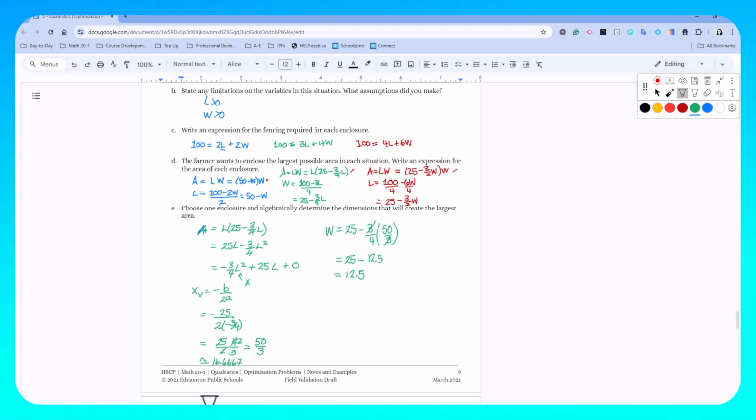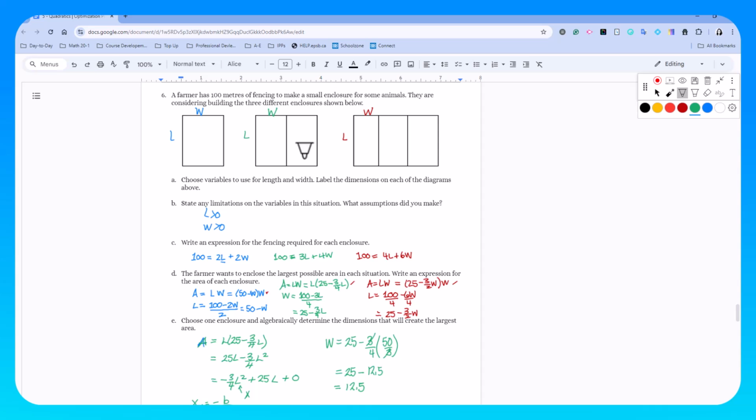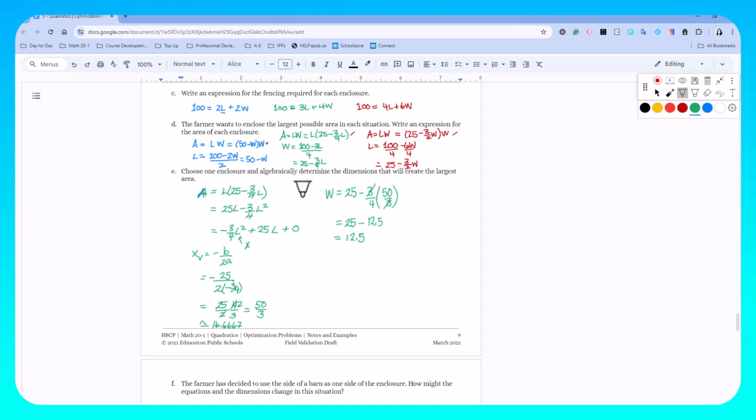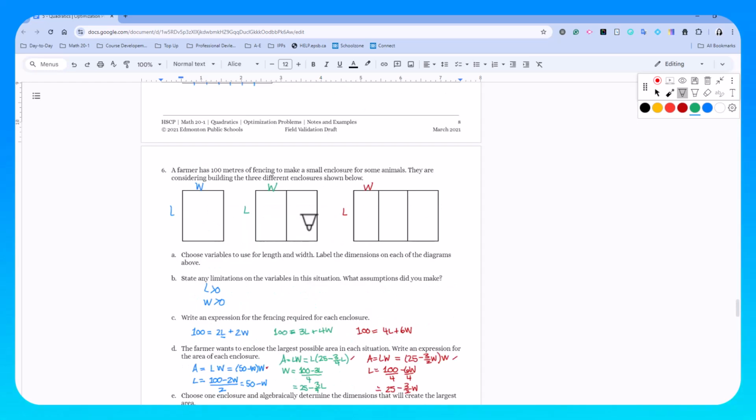The dimensions of one of the 2 pens is going to be 12.5, and this is in, did they give us the meters or units?